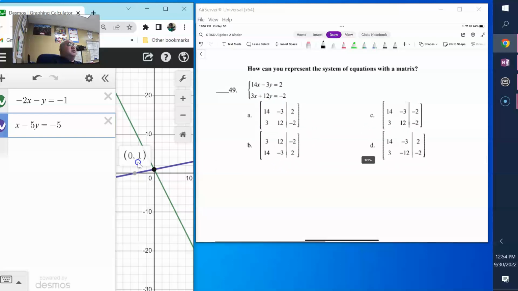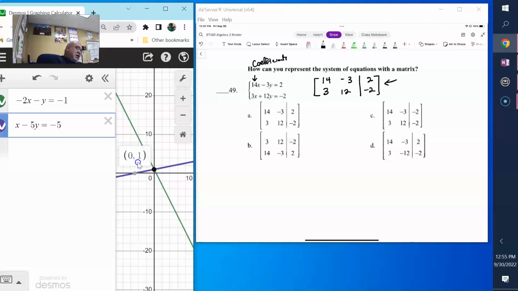49. How can you represent the system with a matrix? Once again, you're going to have the bracket. These are called coefficients, so you're just going to list them: 14, -3, 2 equals 3, 12, -2.